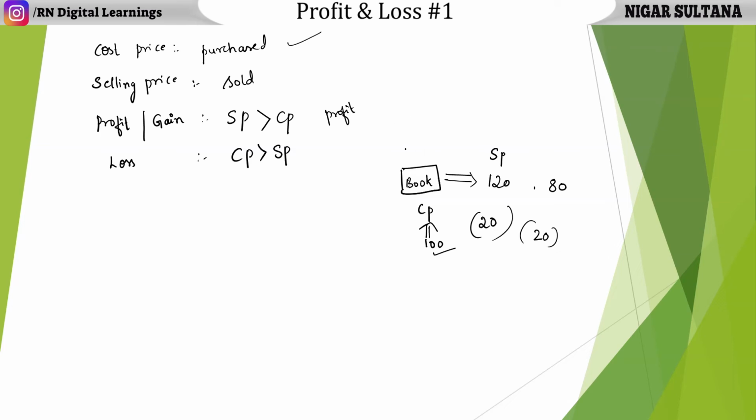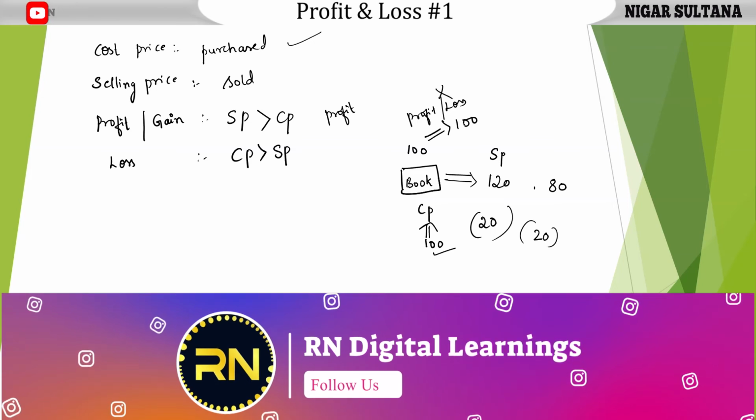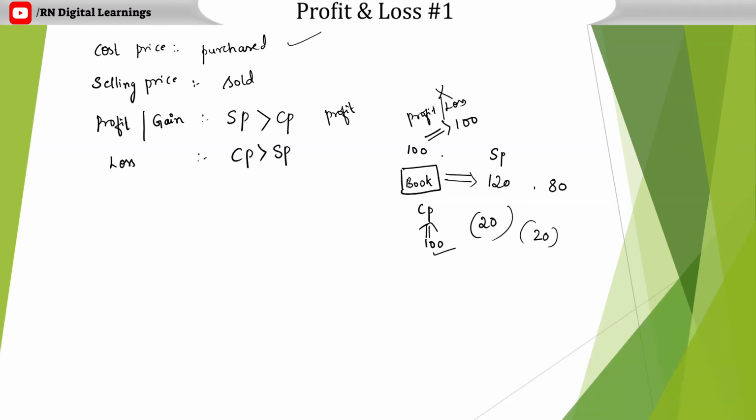Suppose I purchase this book for 100 rupees and sell for 100 rupees, is there any profit? No. Is there any loss? No. Because the money I spent purchasing is the same as what I get selling. There is no difference between the cost price and the selling price.